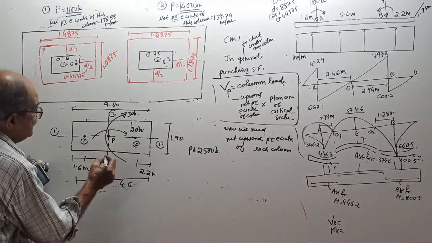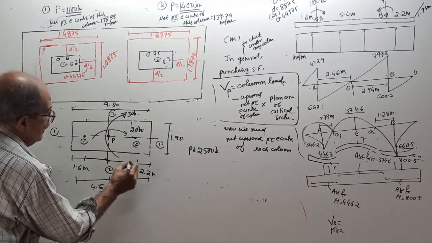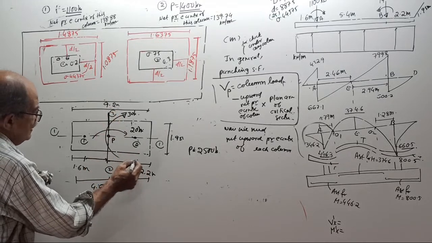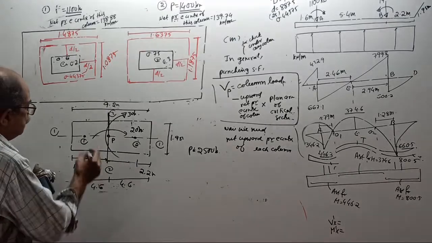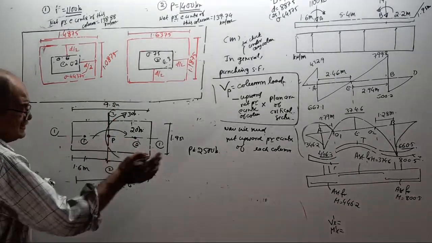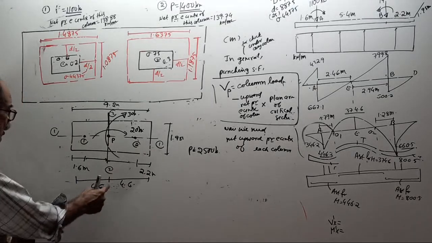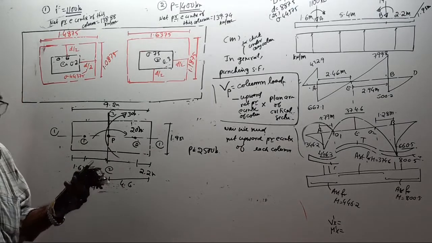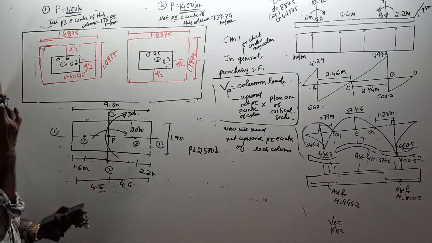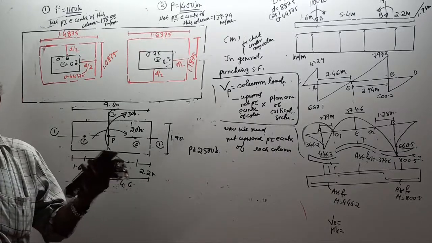Therefore, tell this distance and this distance. From axis 2, for point 1 and point 2, tell the distances. 4.6 subtract 1.6. If you understand, understand.